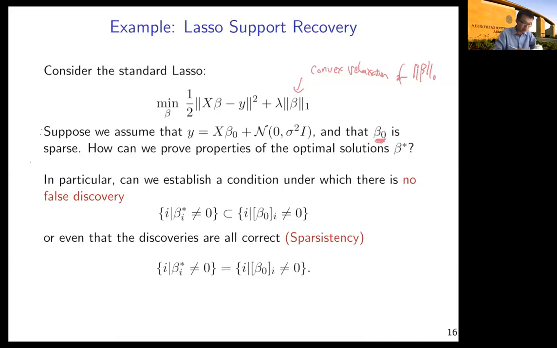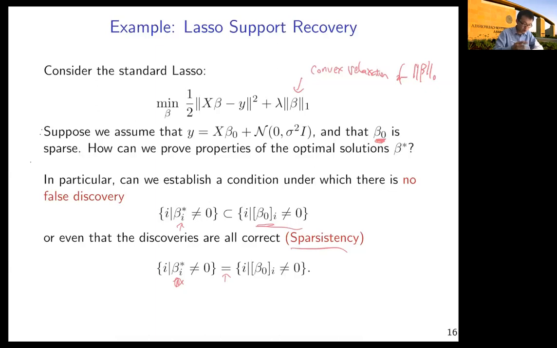Basically, it says that any coordinates that are non-zero in the optimal solution are actually also non-zero in the original input. And sparsistency is something even stronger, that says that these two sets are equal. Okay, so let's see how we can solve this problem by simply using the KKT condition.